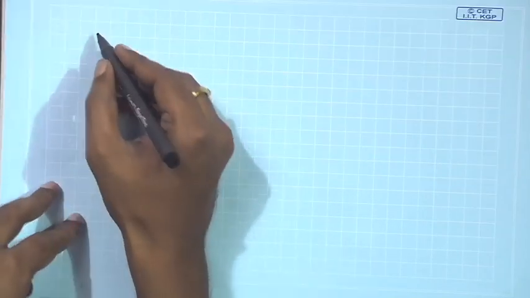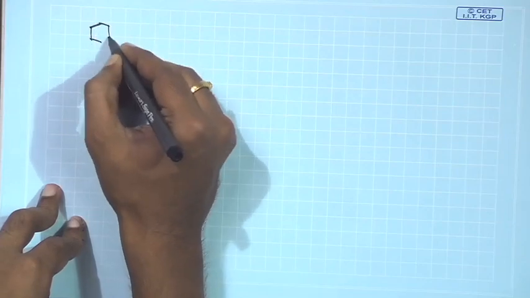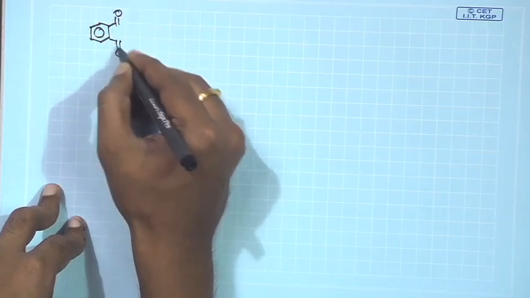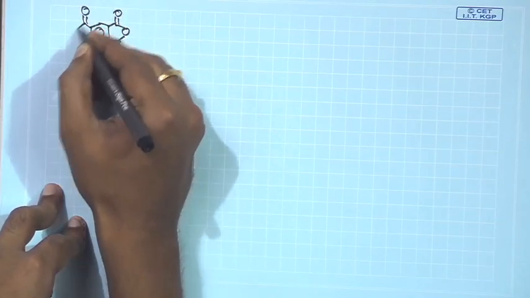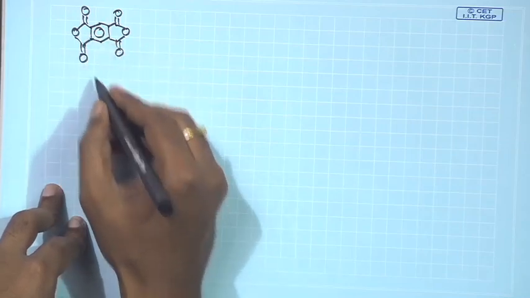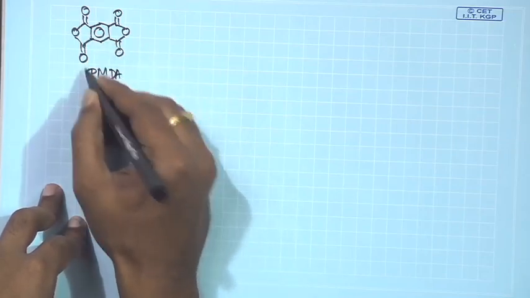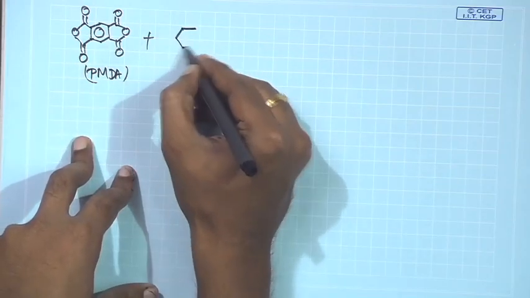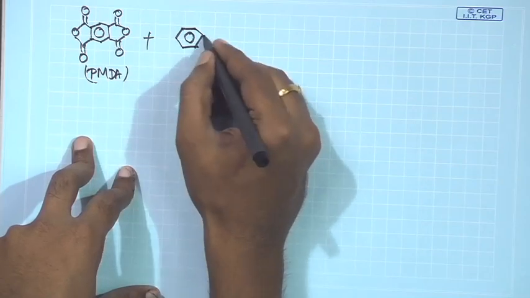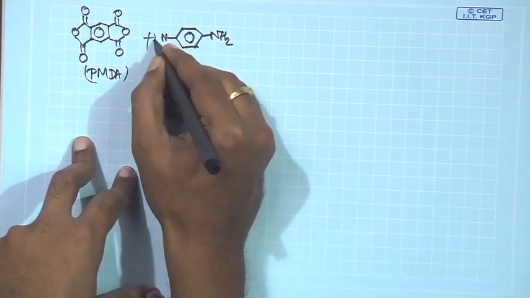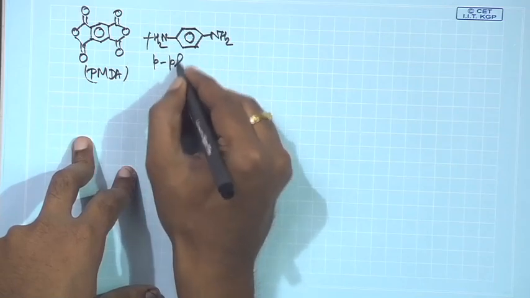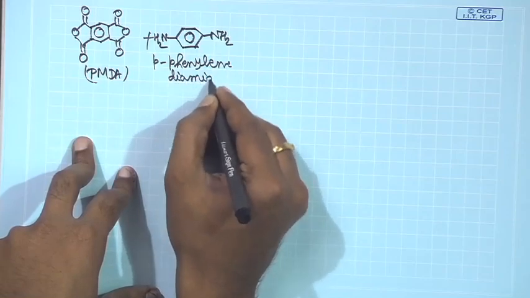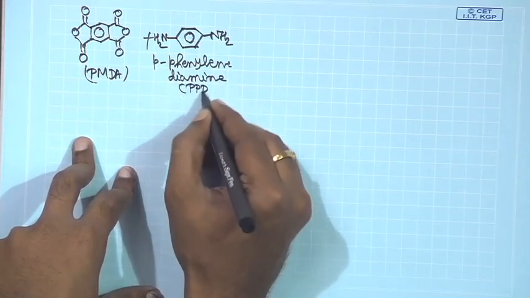So, let us say you start with your pyromellitic dianhydride, so PMDA, and the diamine that you are taking, let us say this is paraphenylene diamine, let us say PPD, I am just putting like that.